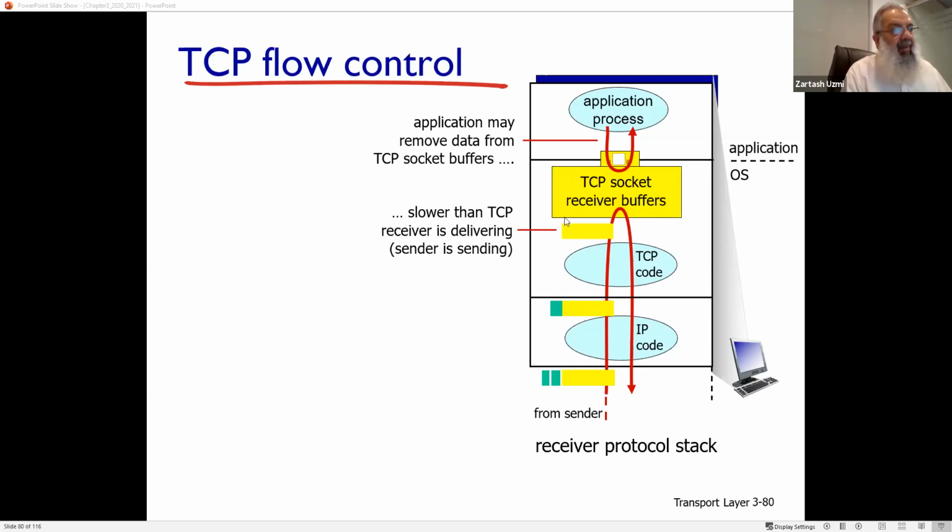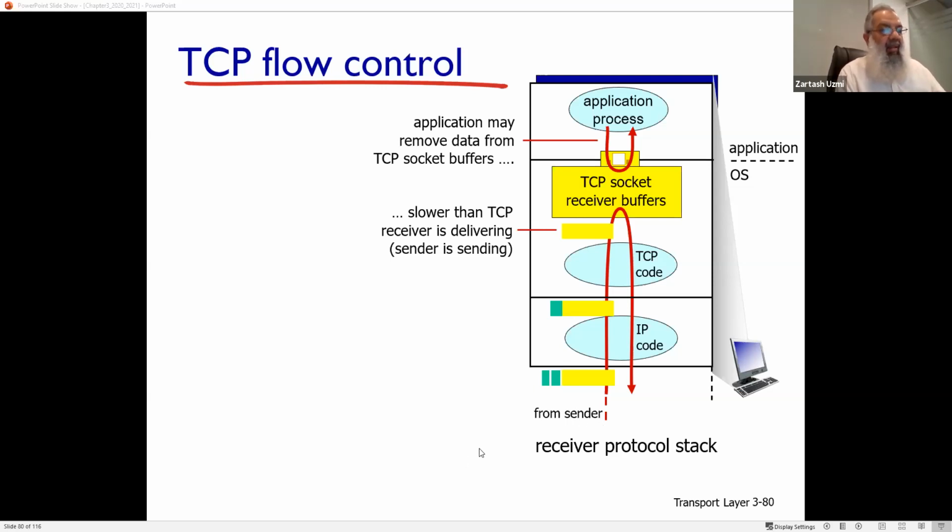Now whatever arrives in the receive buffer, the application process reads at its own pace. So when data is received, you're filling up the receive buffer, but the application process is pulling the data out of the receive buffer. The receive buffer grows as you receive more data, and as the application process reads out that data, the receive buffer will have less and less data. Okay? Now these are two independent things.